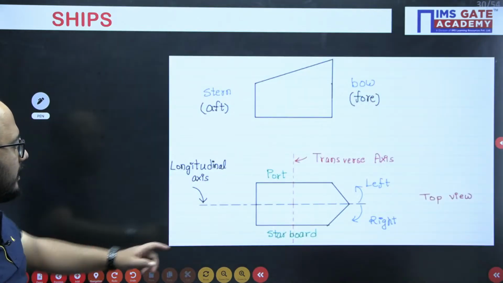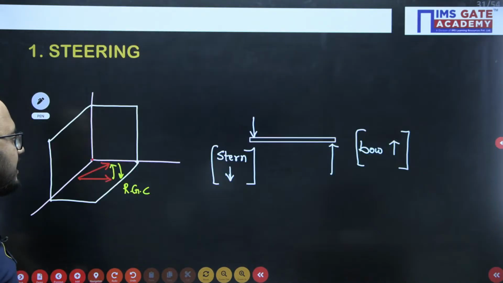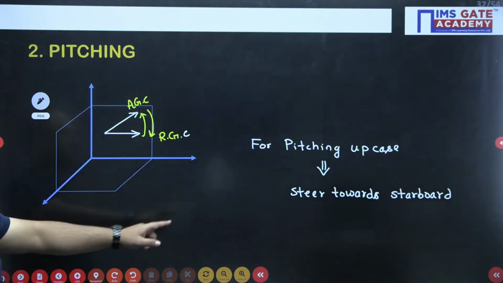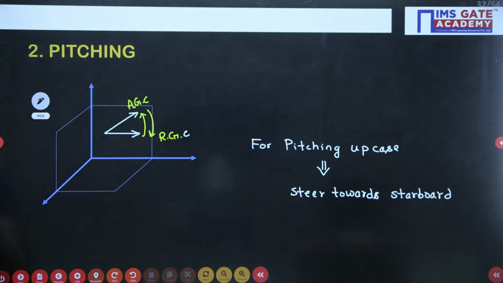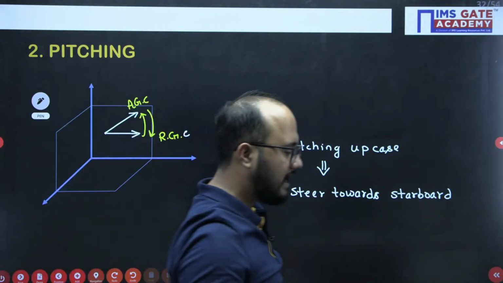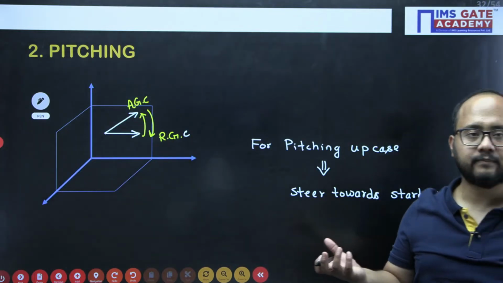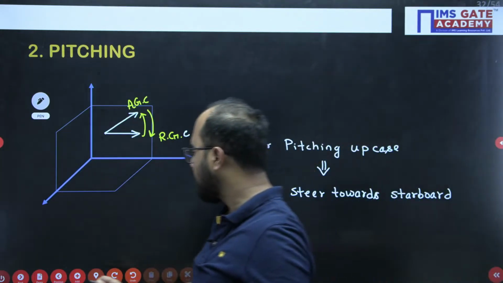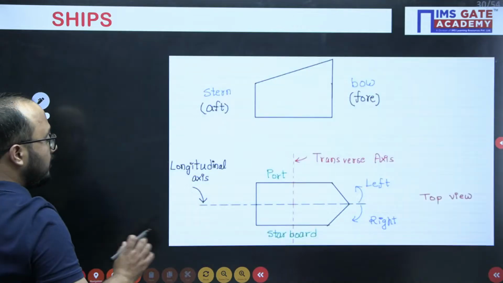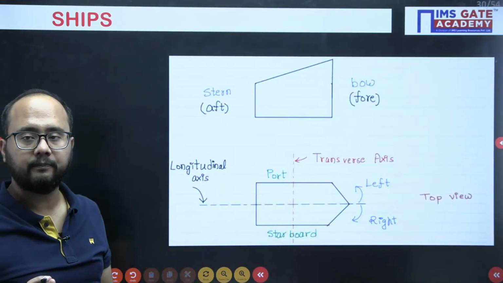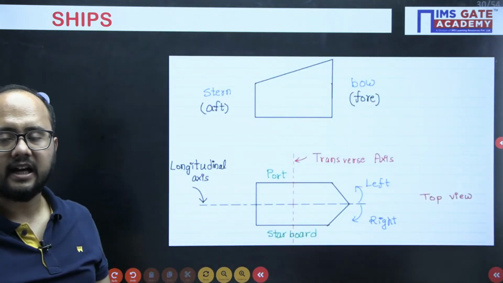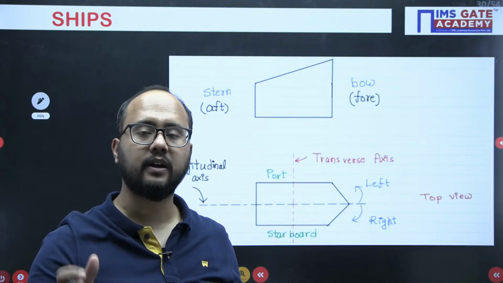Moving towards right basically means starboard. That is the effect of RGC whenever it is a pitching up case. Done? Clear? So that's how we will figure out what the effects of RGC are. So please try to remember this case. Without knowing these terminologies, you can't solve the ship problem. Again, the gyroscopic couple formula is the same, I omega s into omega p.